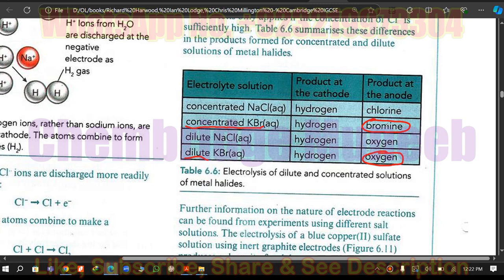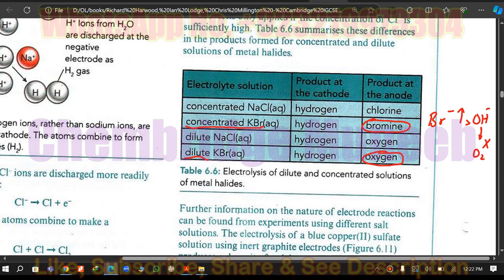Why is it so? Because at concentrated point the amount of the bromide is more as compared to the hydroxide ion of the water. If hydroxide ion was discharged, it would have produced O2, which is not in our case.